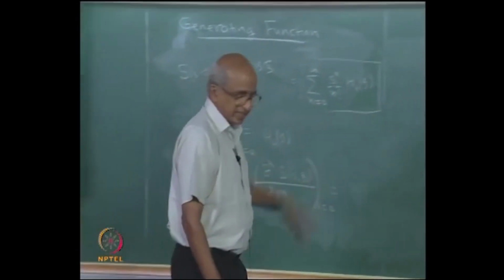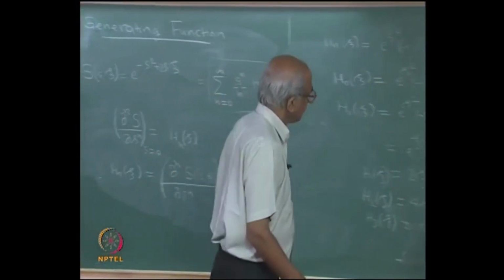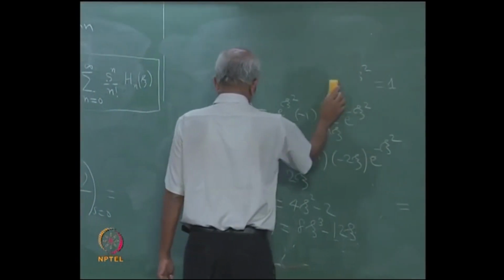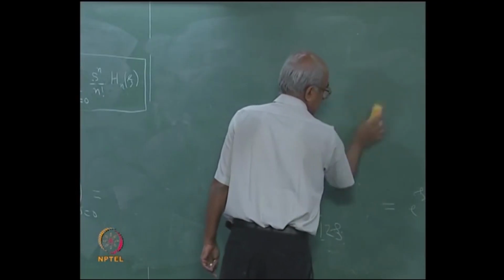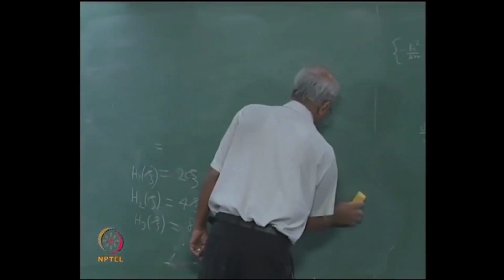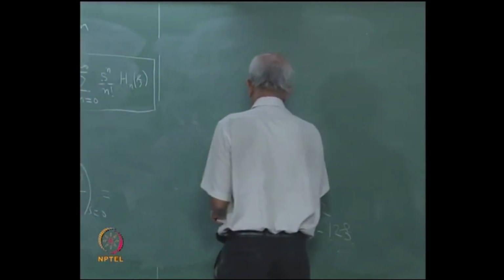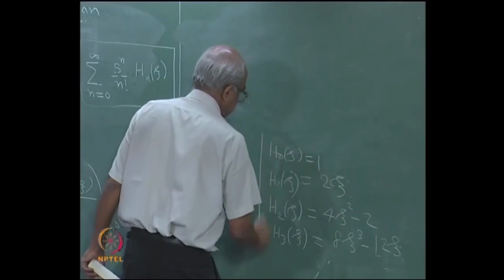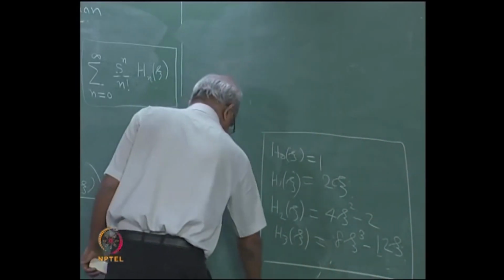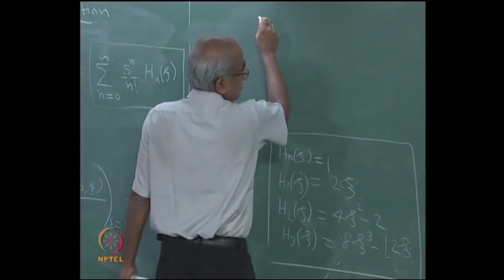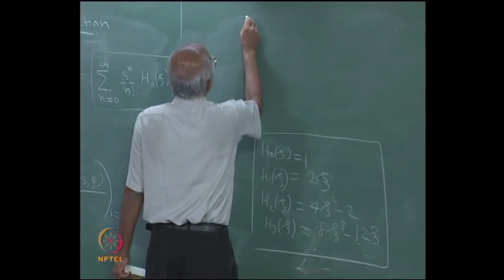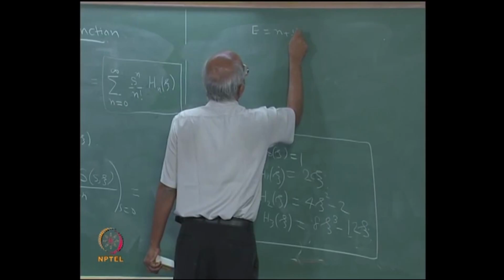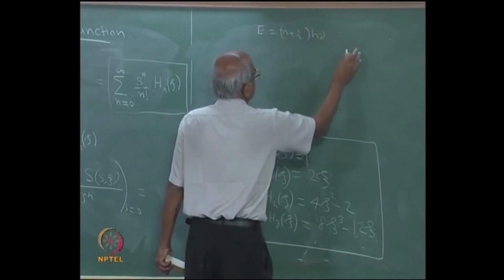So, now let us summarize what we have found. What we have found is that the solutions are acceptable only if E is given by (n plus half) h nu. And then what is the solution?